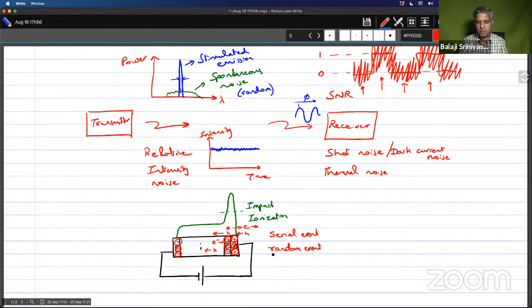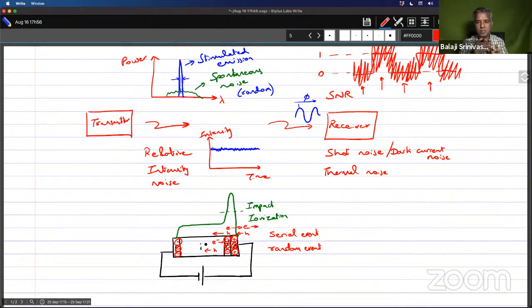meaning it is not like every electron that's going into this region will generate, say, 10 electron hole pairs. It might at some point generate 5 electron hole pairs, or at some point it may generate 12 electron hole pairs, and so on. So it is not a deterministic process, it is a random process.